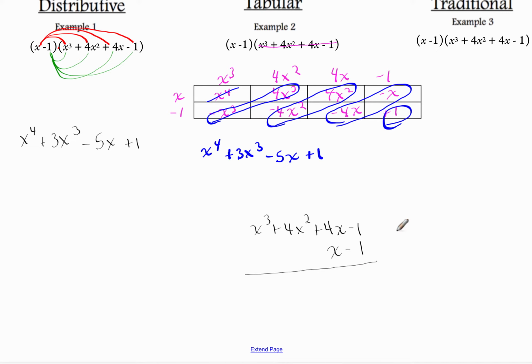See, if you were to multiply, the first thing you would do is take everybody in the ones place here and multiply it out. Negative 1 times negative 1 is positive 1. Negative 1 times 4x is negative 4x. Negative 1 times 4x squared is negative 4x squared. Negative 1 times x cubed is negative x cubed.